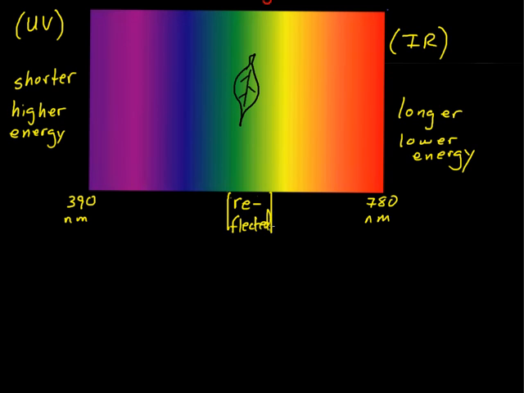So the light that's reflected from those leaves, when it hits our eyes, we interpret it as the color green. And that's a little bit difficult for some people to get an understanding of. Just think of whatever something appears to be, it appears that color because that's the color that's reflected to our eyes that we perceive it as being.